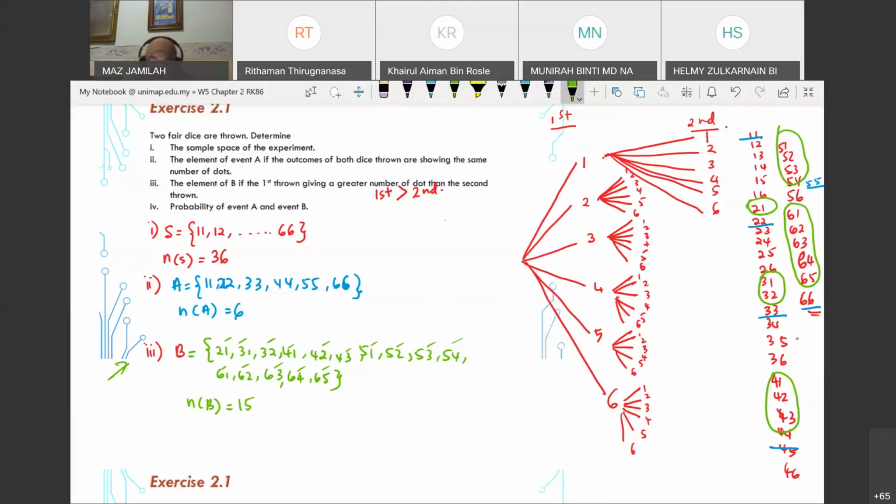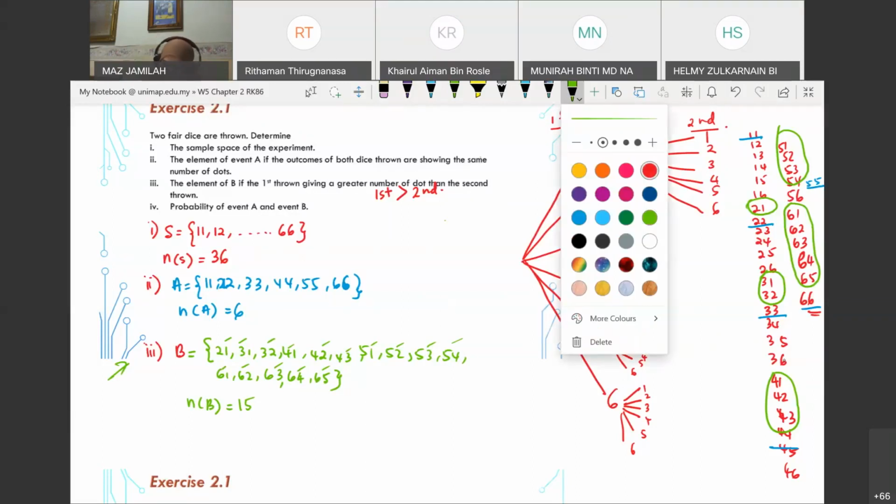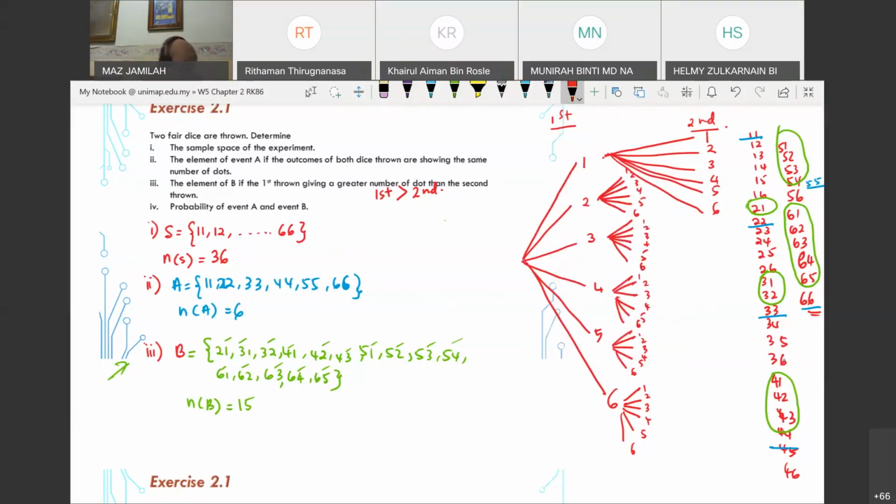Now, what is the probability of event A and event B? Easily you can answer that, by using the empirical or the classical probability.